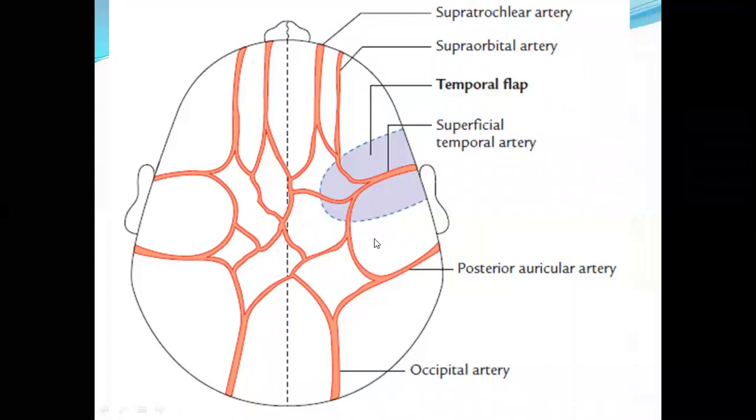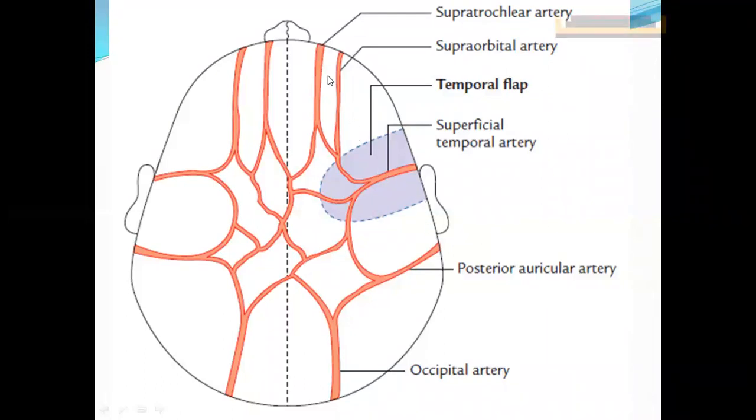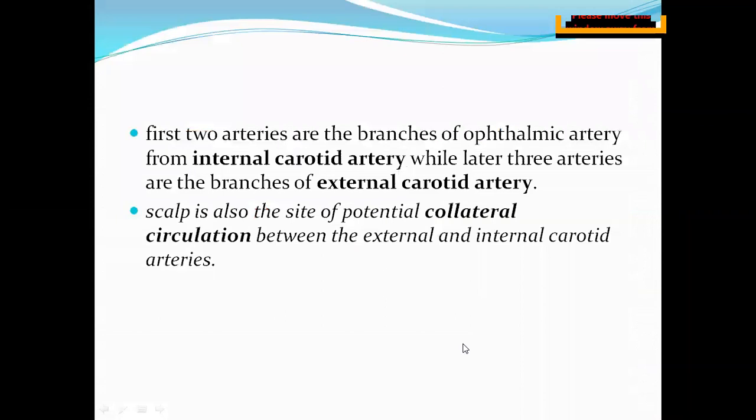Now, if you look at this picture, in front of the pinna, we have supratrochlear, supraorbital, and this temporal flap, which is supplied by superficial temporal. Behind, we have posterior auricular and occipital. You can just learn that the first two arteries, supratrochlear and supraorbital, are the ophthalmic artery branches, which in turn is a branch of internal carotid artery.